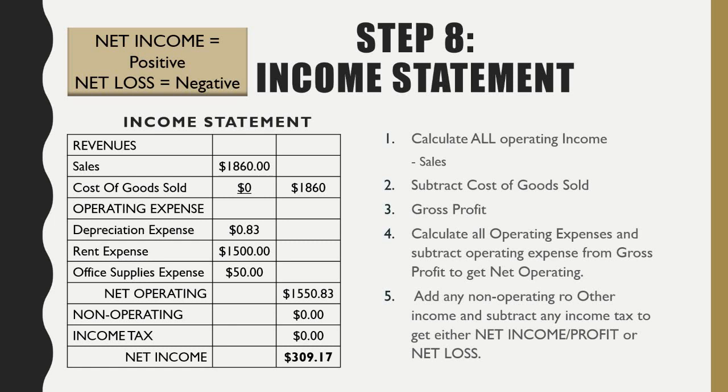But for sole proprietors, you are actually excluded from including the income tax, okay? But that's how you determine the profit or loss. Obviously, if you have a positive number, you got a profit. If you have a negative number, you have a loss, okay?